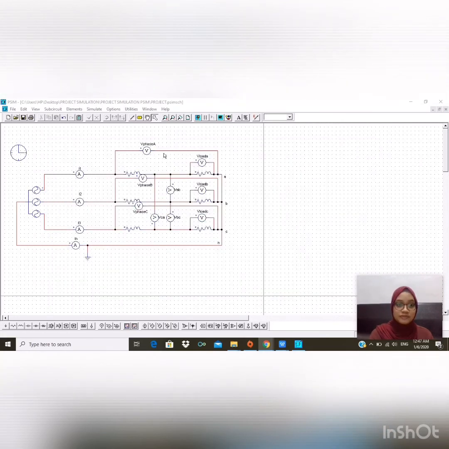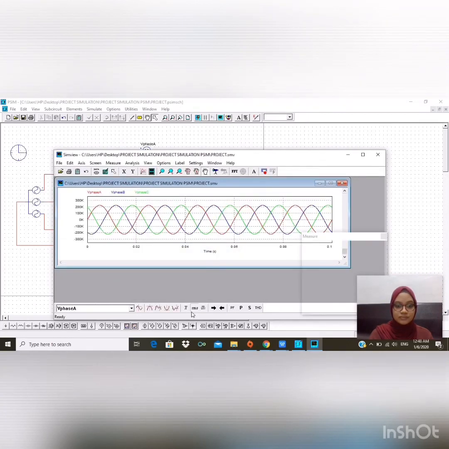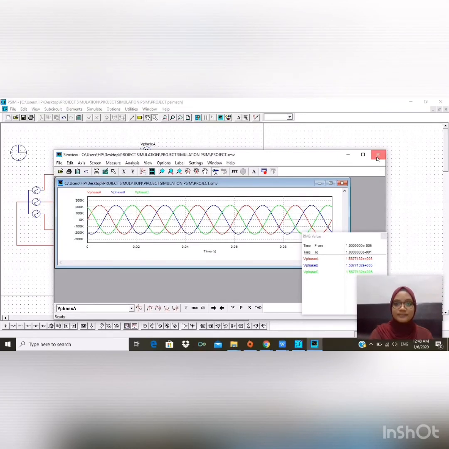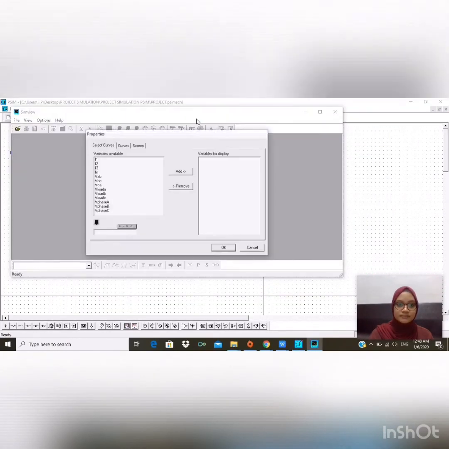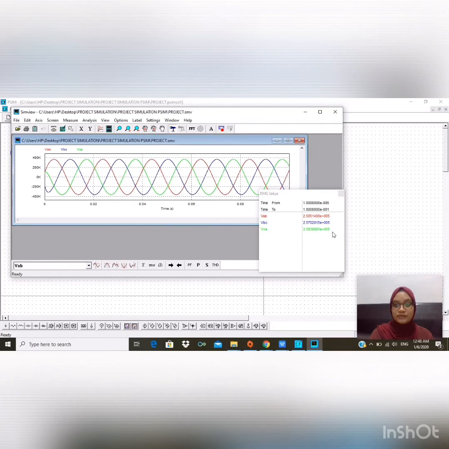Next, we want to know V phase A, V phase B, and V phase C. This is the value for the phase voltages. Next, for the line voltages, VAB, VBC, VCA, we get the value 2.57, almost the same as I calculated.